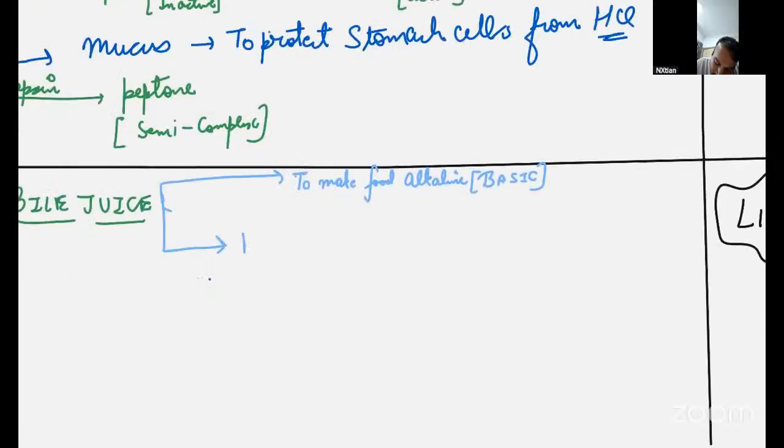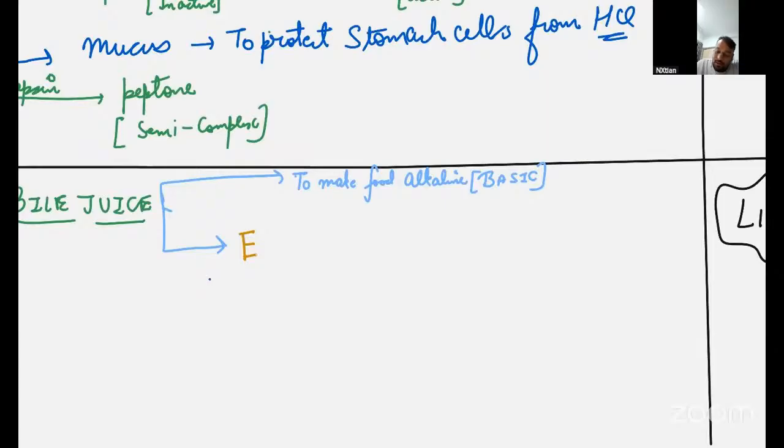Sir, can you repeat what is alkaline? Alkalinic is basically to make the food in base form. Acid is very harmful, so it's made slightly alkalinic, so it will not burn the small intestine. Simple as that.